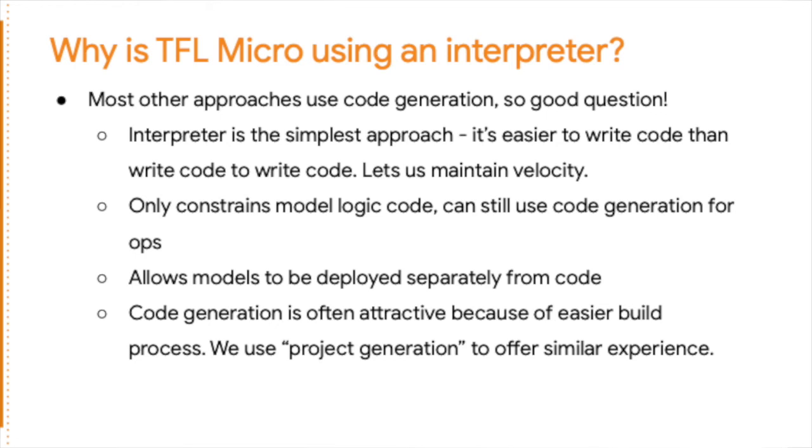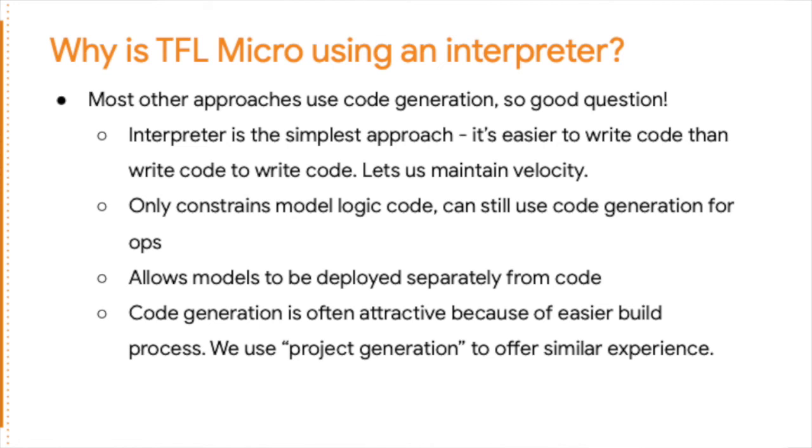Not having to have this layer of indirection with the compiler in between us helps us keep our velocity and prototyping up. And there's no reason we can't still use code generation for op implementations, even if we're using an interpreter to call the ops.